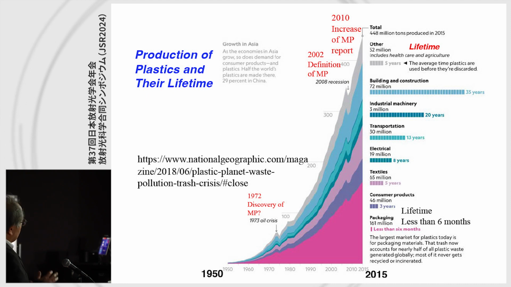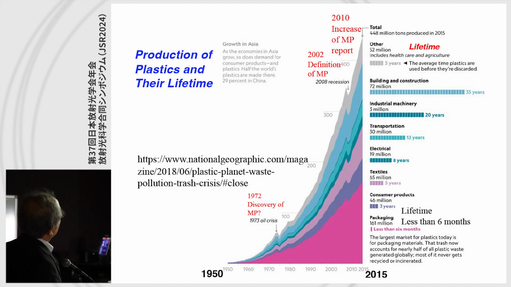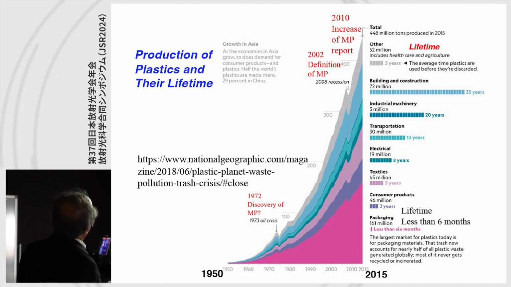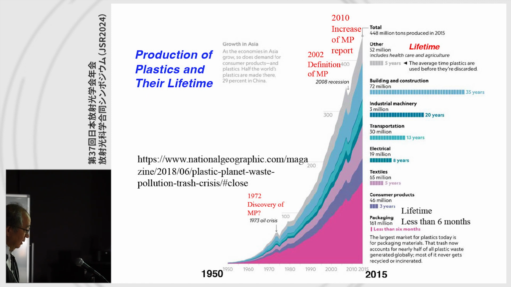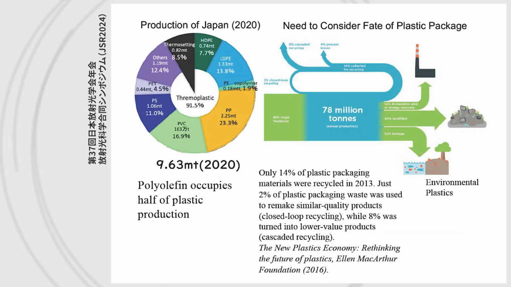Most plastics are utilized for packaging, and in this case the lifetime is very short, like 3 months or so. This causes many big problems in our environment. In the case of production in Japan, polyolefins such as polyethylene and polypropylene are 50% of the plastics.